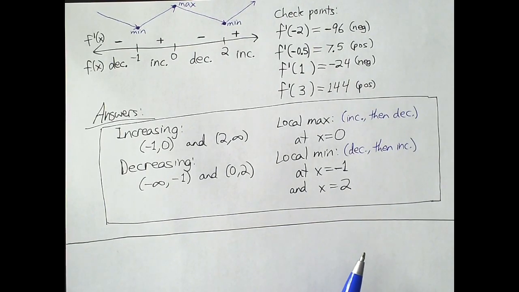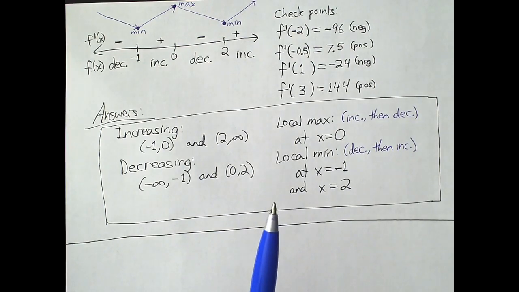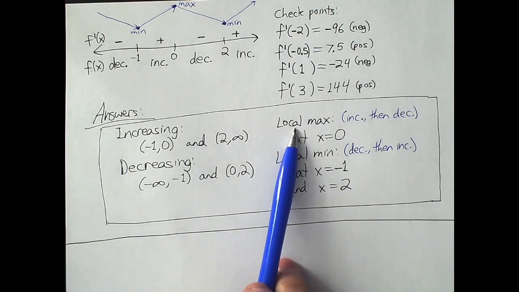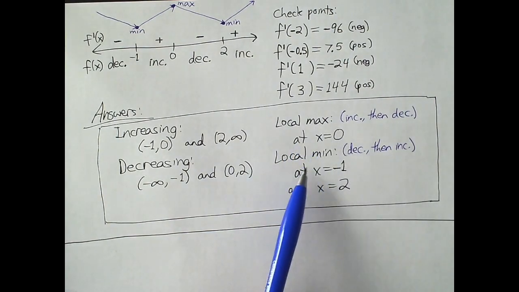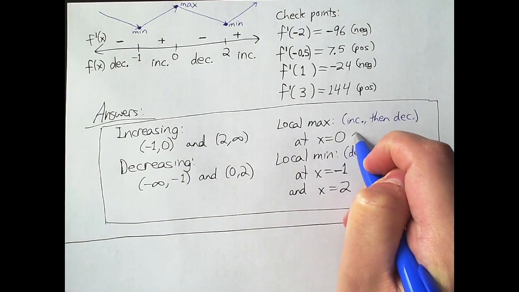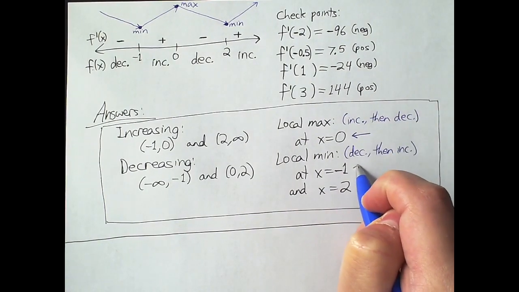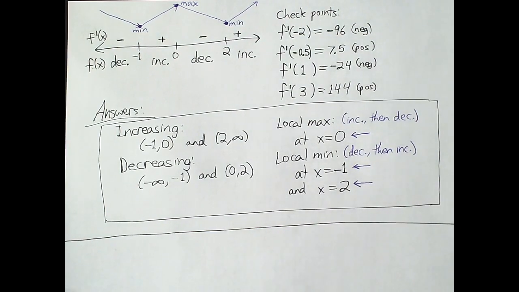Another thing I wanted to say is this problem told us to find the x-coordinates of local maxima and local minima, and we did that. x equals 0, x equals this, x equals that. But I just wanted to show you, what if a problem said to find the actual points?